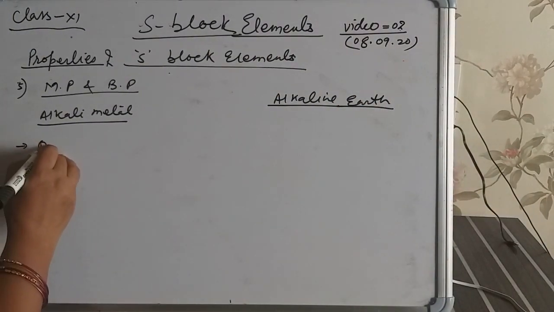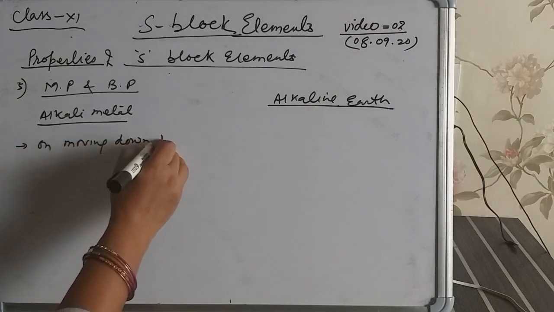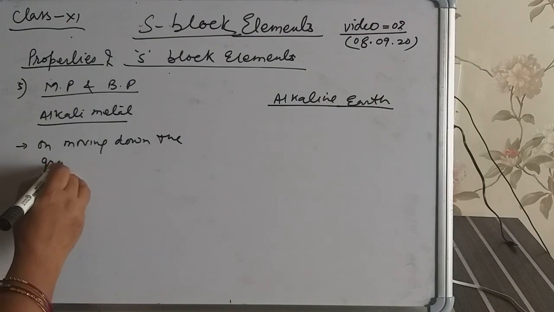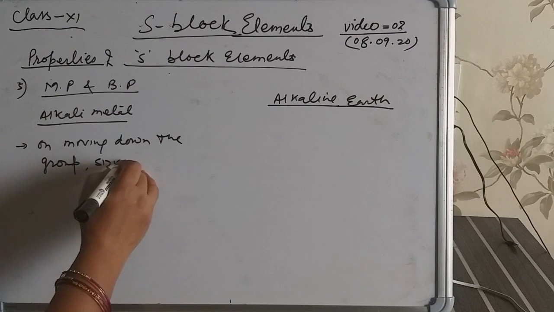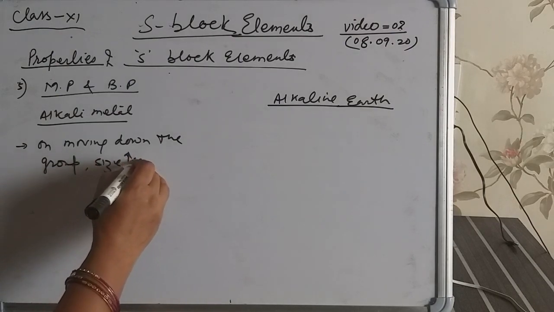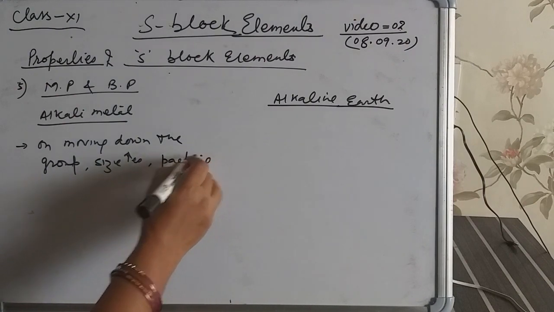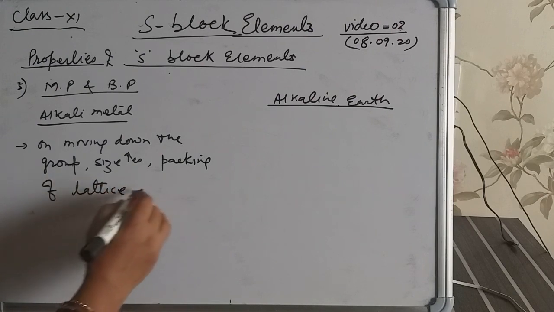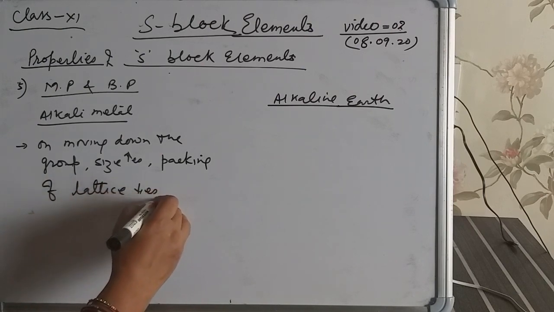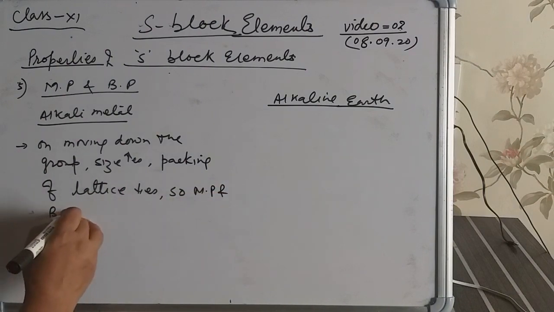On moving down the group, as we know, size increases, packing of the lattice decreases, so melting point and boiling point also decrease.